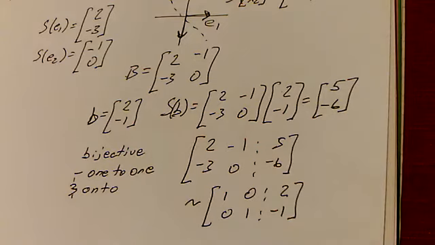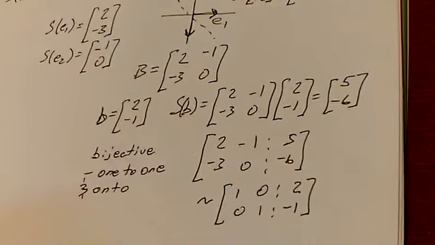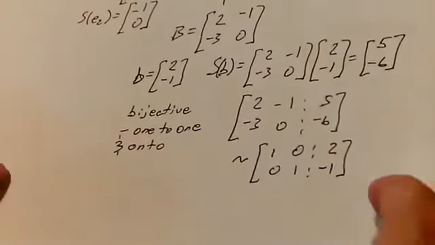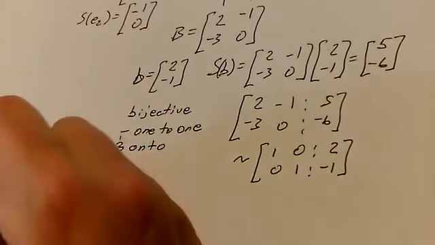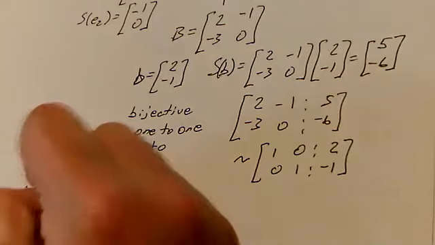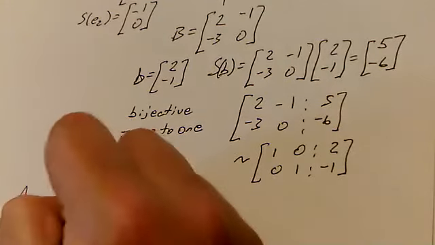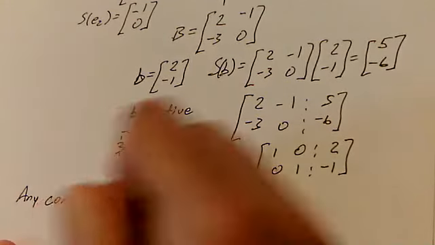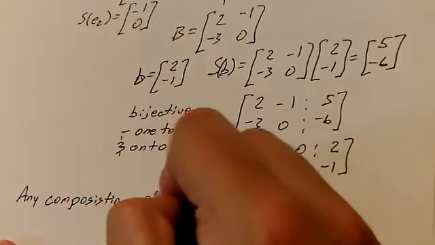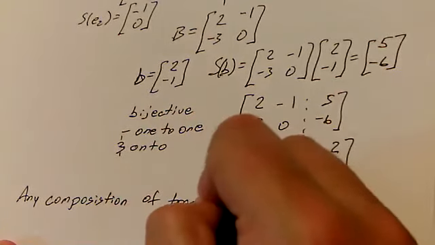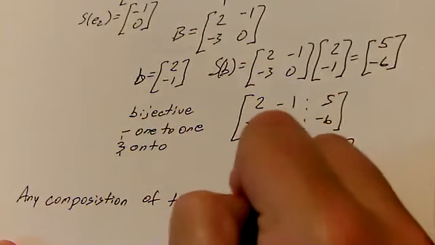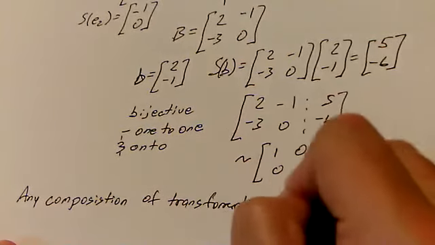So notice we stacked 2 transformations on top of each other. Since both transformations are linear, any composition of transformations is also linear. So anytime you do one transformation and then another, any composition of linear transformations is linear.